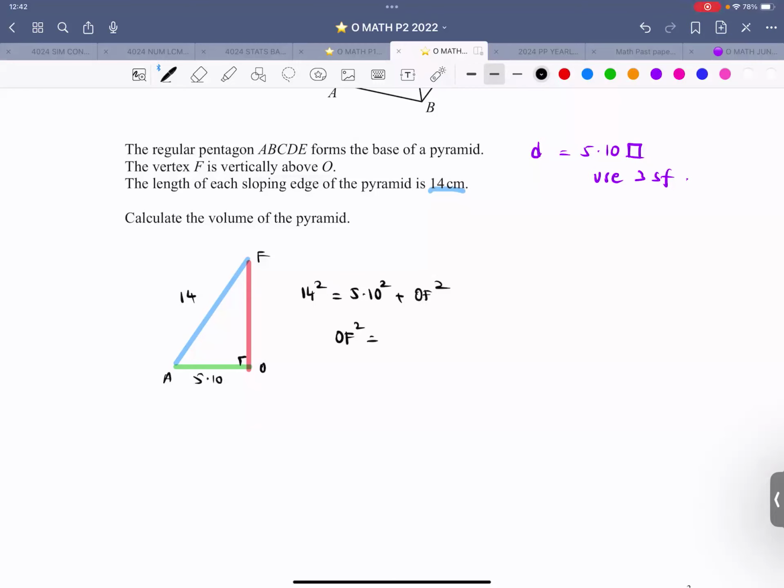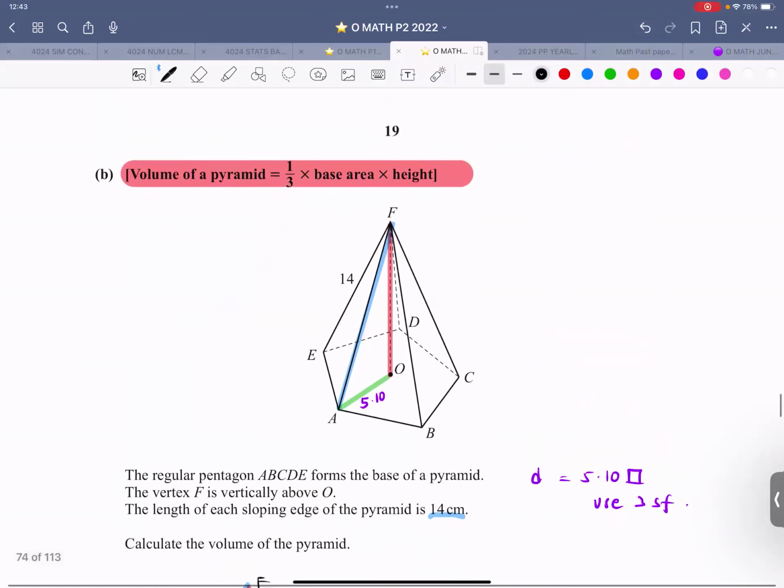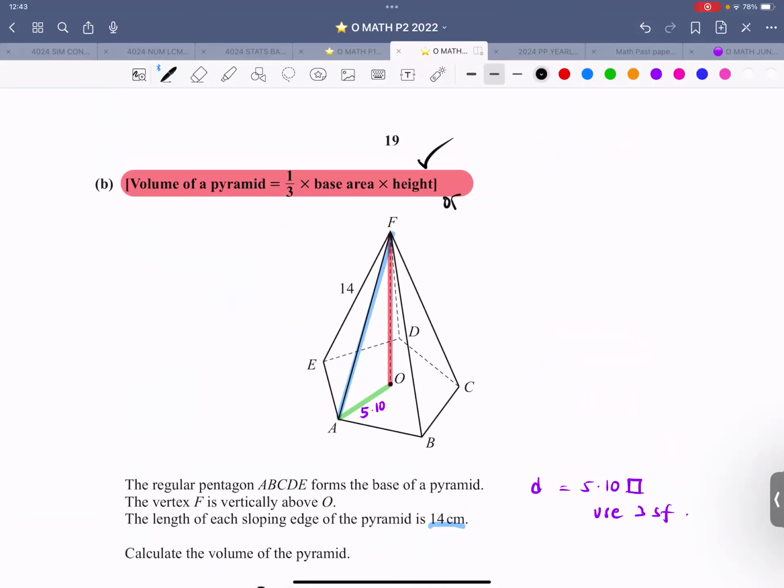Let me take the square root of this answer. This comes out to be 13.038. This is after the square root. Okay, so now this thing is done. This is OF. Now we have the height, that is OF.